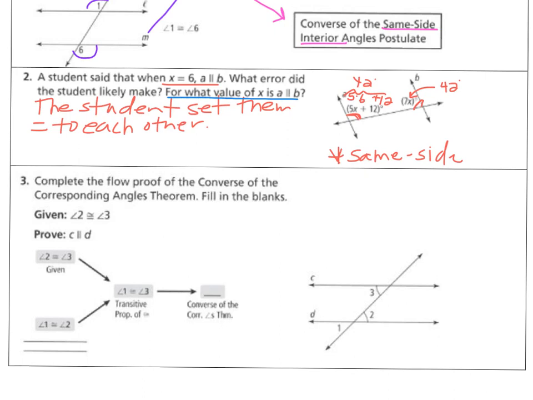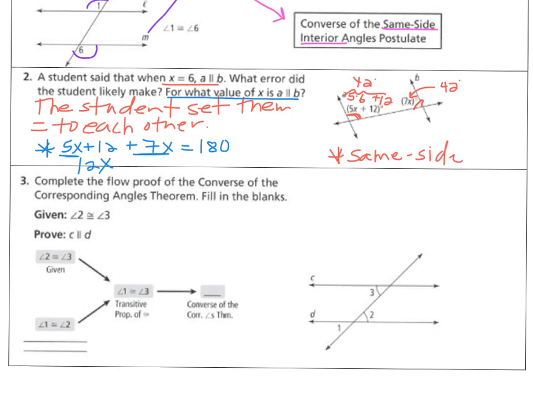The next part of the problem says, to kind of fix what they did, for what value of x is A parallel to B? Well, for that to be true, we know that 5x plus 12 plus 7x, if we add those two angles on the inside together, they have to add up to 180 degrees. Now on that left-hand side, do you see how we have 5x and 7x on the same side? If we add them together, we would get 12x.